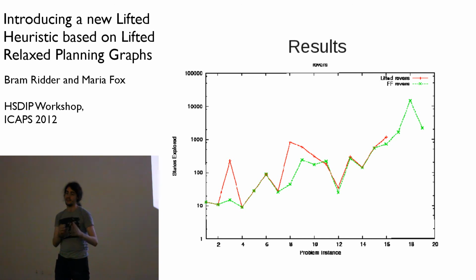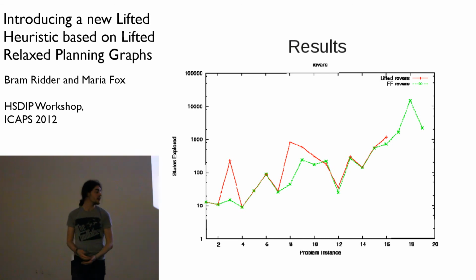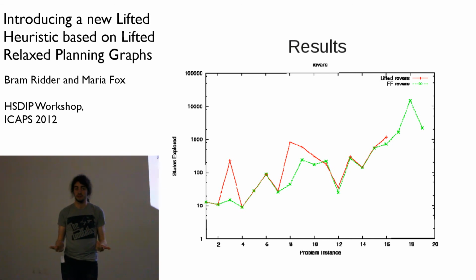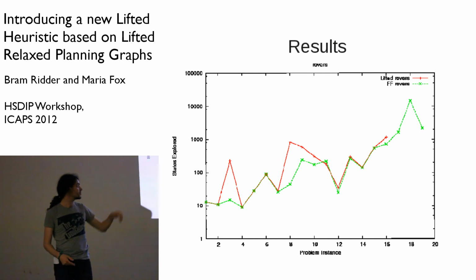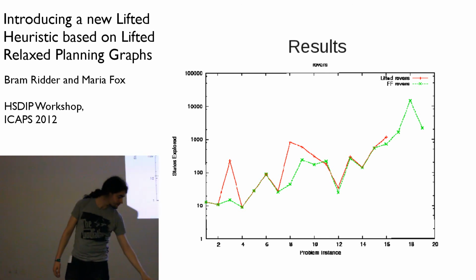We actually use FF in the background as a subprogram, so we have to translate the states from FF into our own representation and back again, which costs quite a lot of time. But as we implement a proper planner, we should be able to solve as many problems as FF does.